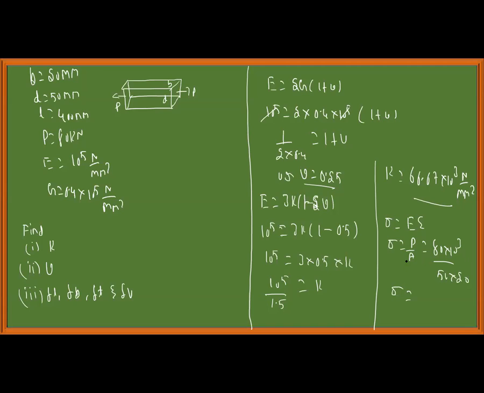Sigma is found out to be 80 MPa, 80 Newton per mm square. E, Young's modulus, is equal to sigma by epsilon linear.